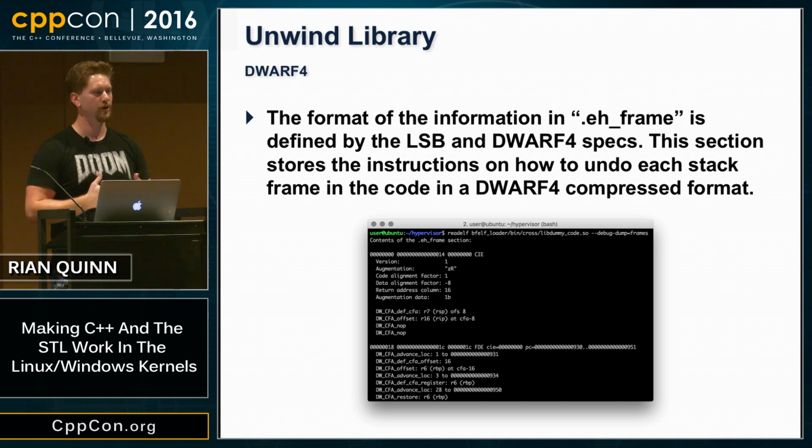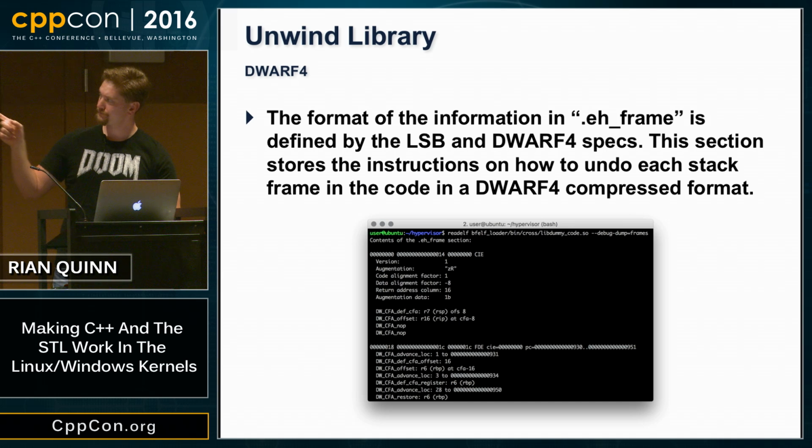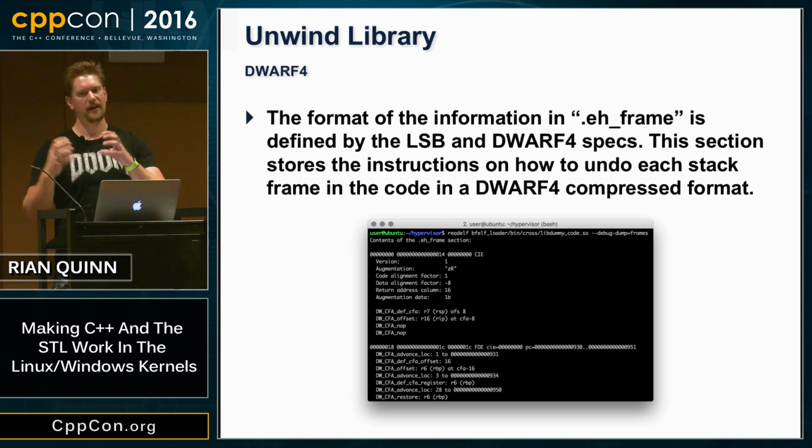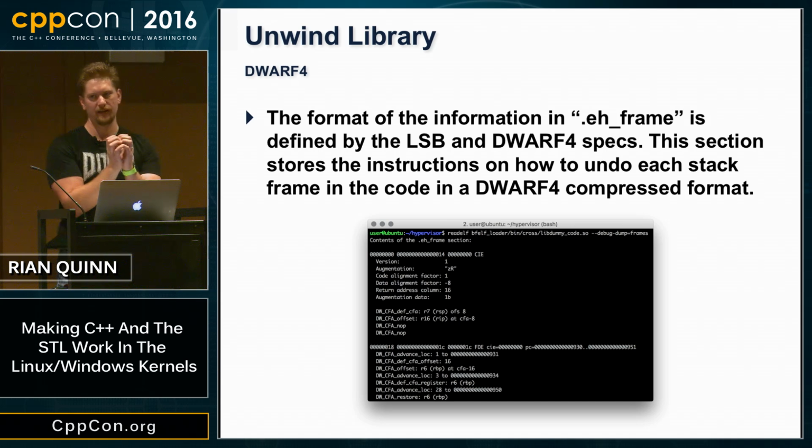You can imagine how the code would balloon really quick. Thankfully, at least, these FDEs are compressed. That's what the DWARF spec does. The DWARF spec describes how to compress all the logic necessary to unwind the stack so that those FDEs are as small as they can get. But there are a lot of them in there.